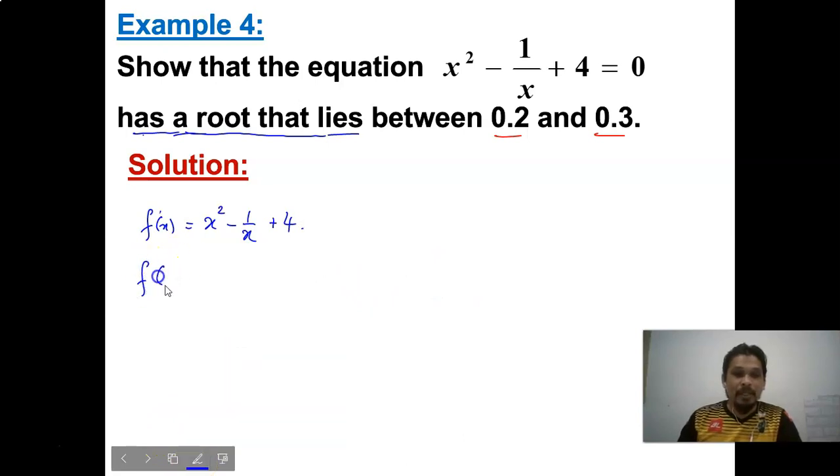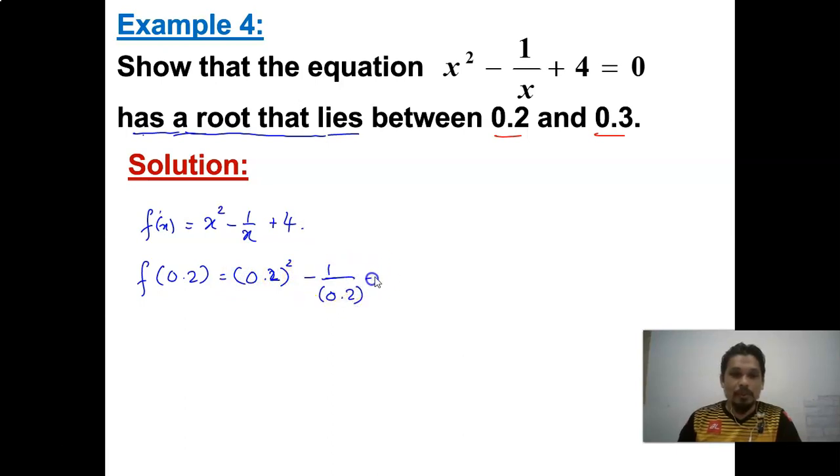Okay, so now let's try with f(0.2). It's 0.2 squared minus 1 over 0.2 plus 4. What about this one here now? I'll try. Okay, 0.2 in brackets squared, then minus the fraction of 1 divided by 0.2, and plus 4.